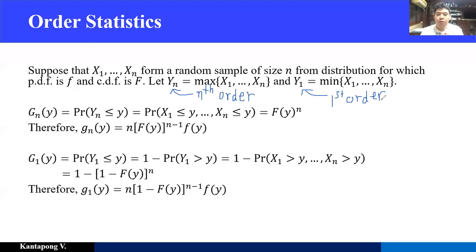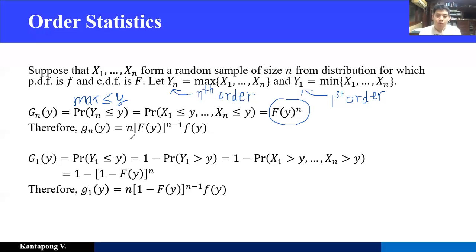So let's say we want to find the max. The probability that Yn is less than or equal to y: if the maximum is less than or equal to y, that means all variables must be less than or equal to y. And if they are independent, we can use this one, and we can differentiate into this formula.